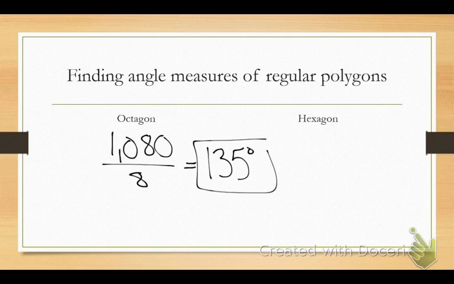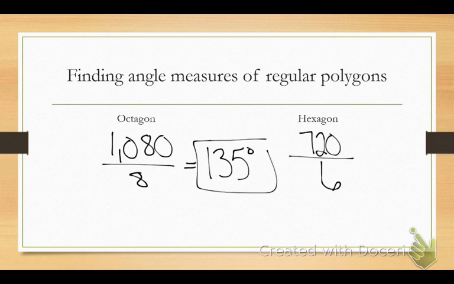Now a hexagon. What is the angle measure of a hexagon equal? 720. Oh my goodness, this looks a lot like your quiz. 720. And what would you divide it by? What would you divide it by? 6. How many sides are in the figure?